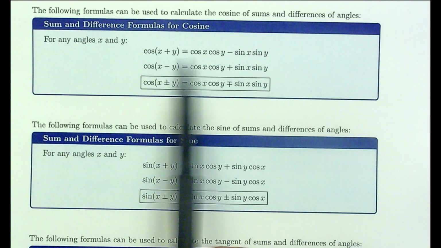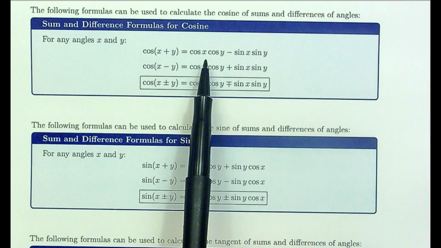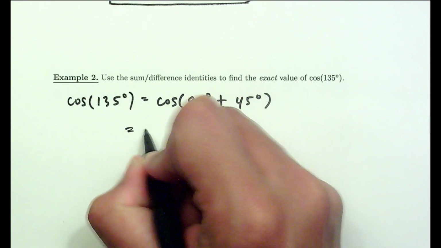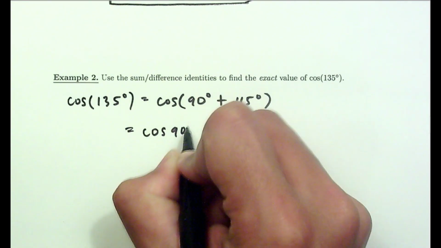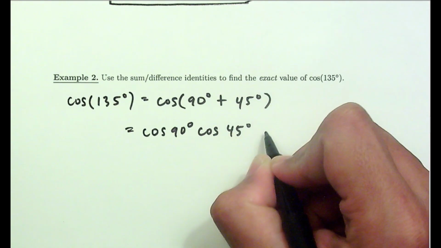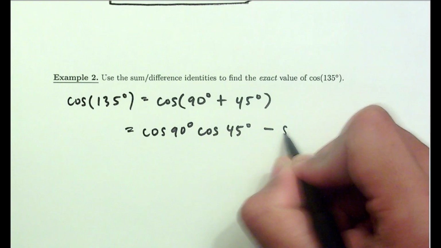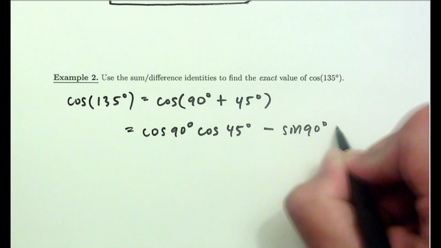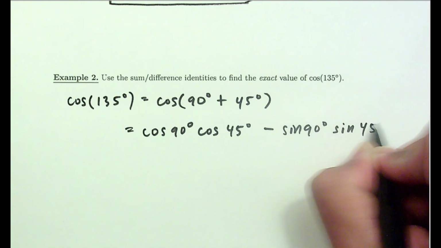You can look this one up, and it is this one right here. So what do we get? We get cosine of 90, cosine of 45 minus sine of 90, sine of 45 degrees.